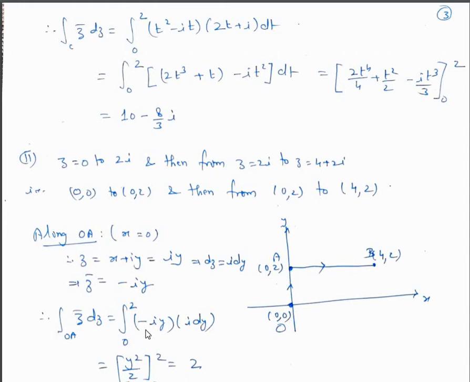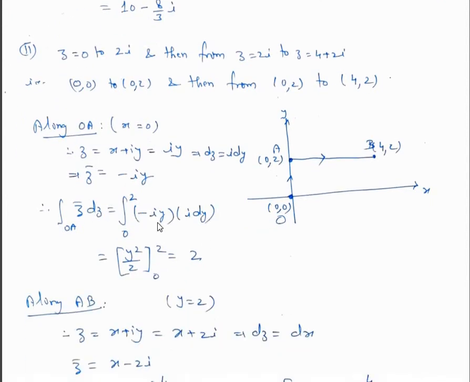In place of z bar we write minus iy, in place of dz we write i into dy. So minus i into plus i is minus i square, which is plus 1, and the integral of y is y square upon 2, limit 0 to 2, which is equal to 2.